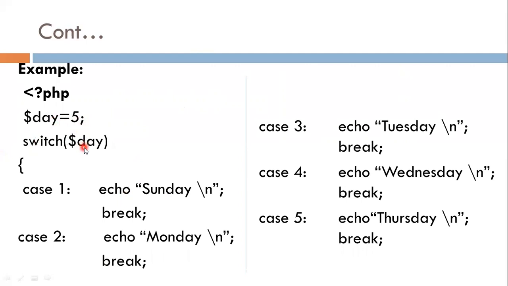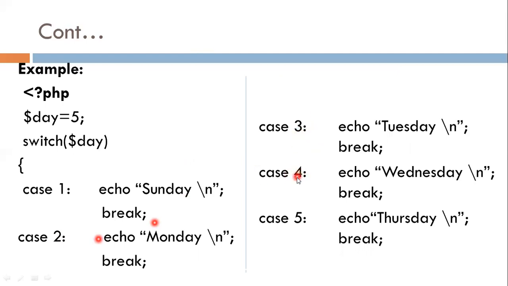So here 5 is passed, and 5 is compared with each and every label. 5 and 1 are compared. 1 is not equal to 5, so go to the next case. 2 is compared with 5, they are not equal, then go to the next case. 3 and 5 are not equal.